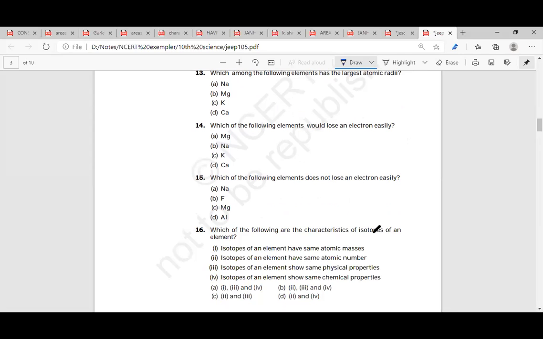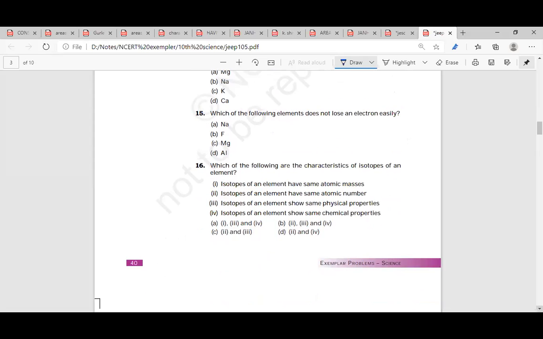Which of the following are the characteristics of isotopes of an element? It's 2 and 4. Same atomic number and same chemical properties.